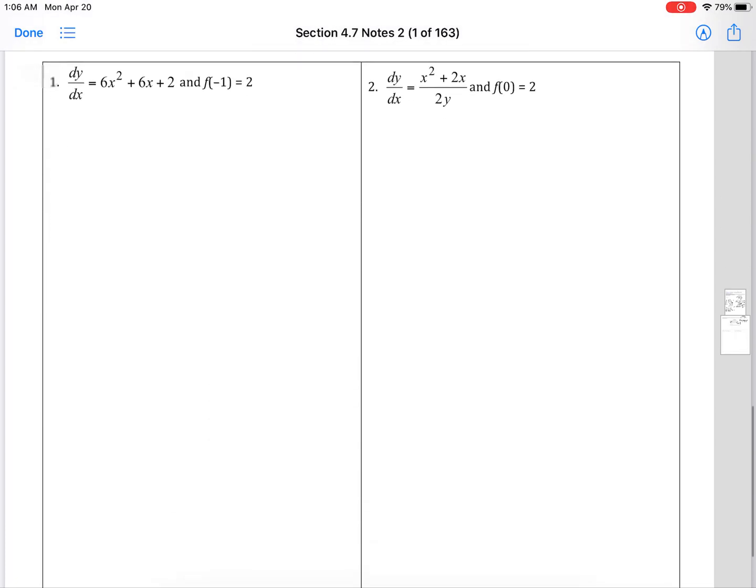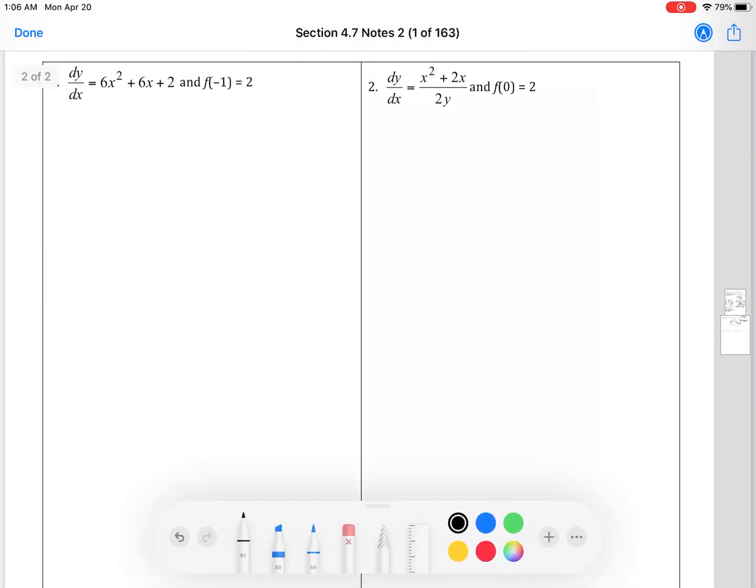So example 1, I'm going to write the initial condition. So actually, we have a differential equation. If I took away this f of negative 1 equals 2, it would just be a normal differential equation that we had earlier.